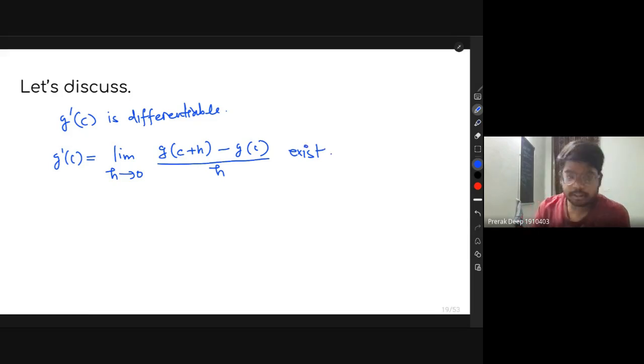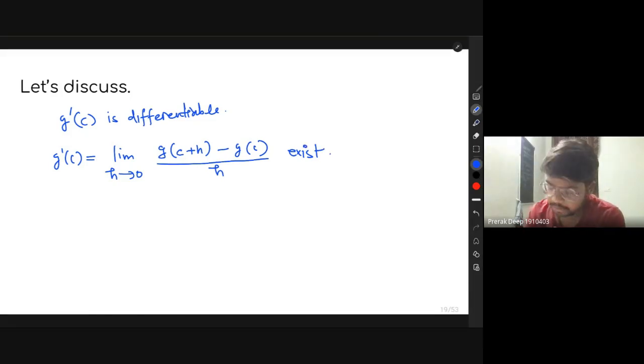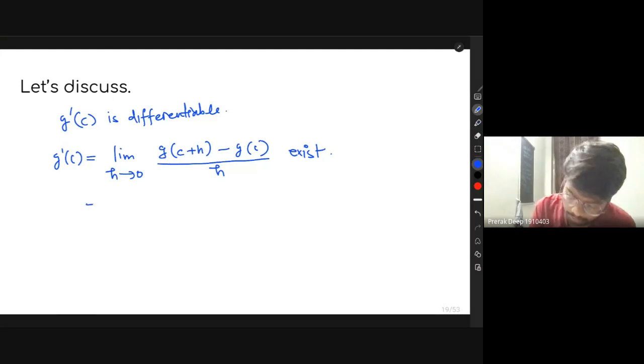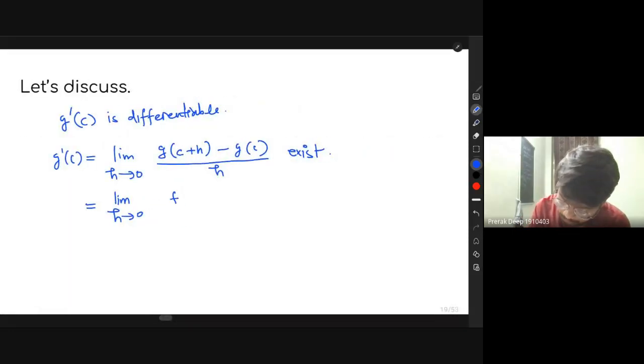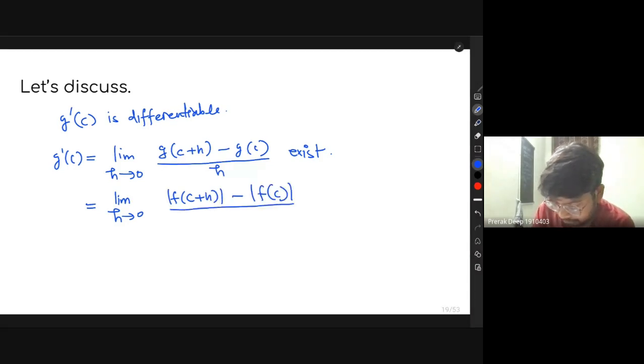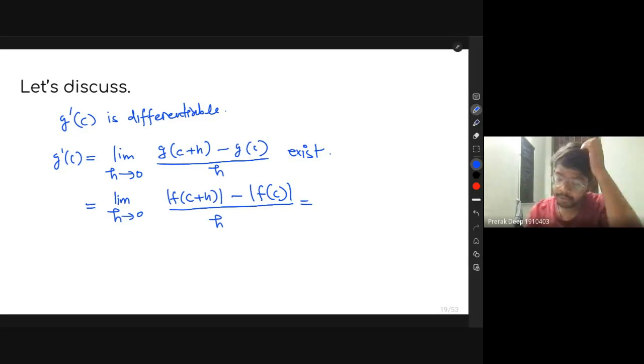So this is the definition, the first principle. And now what is this g of c plus h? It is nothing but modulus of f of c plus h, minus modulus of f of c.